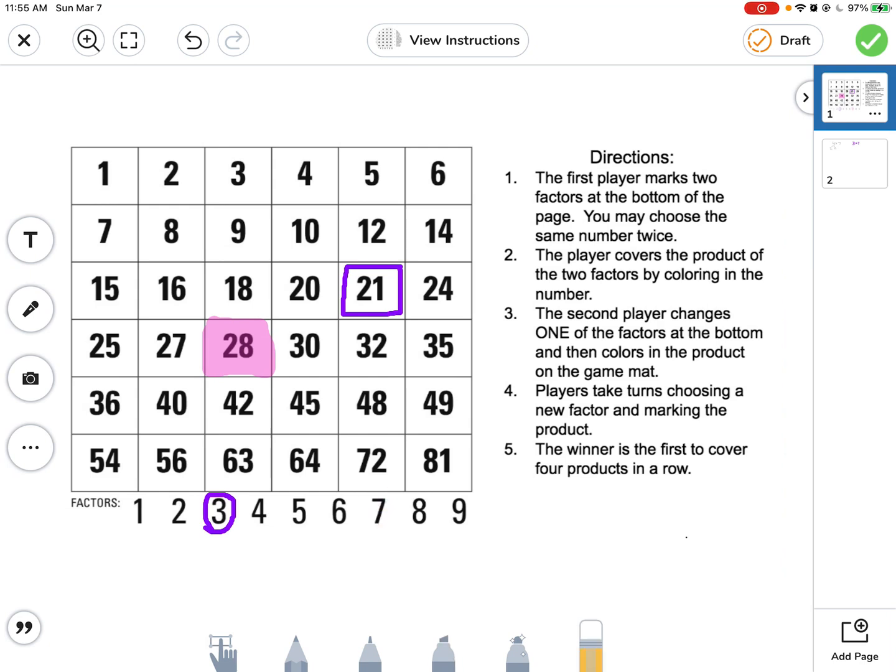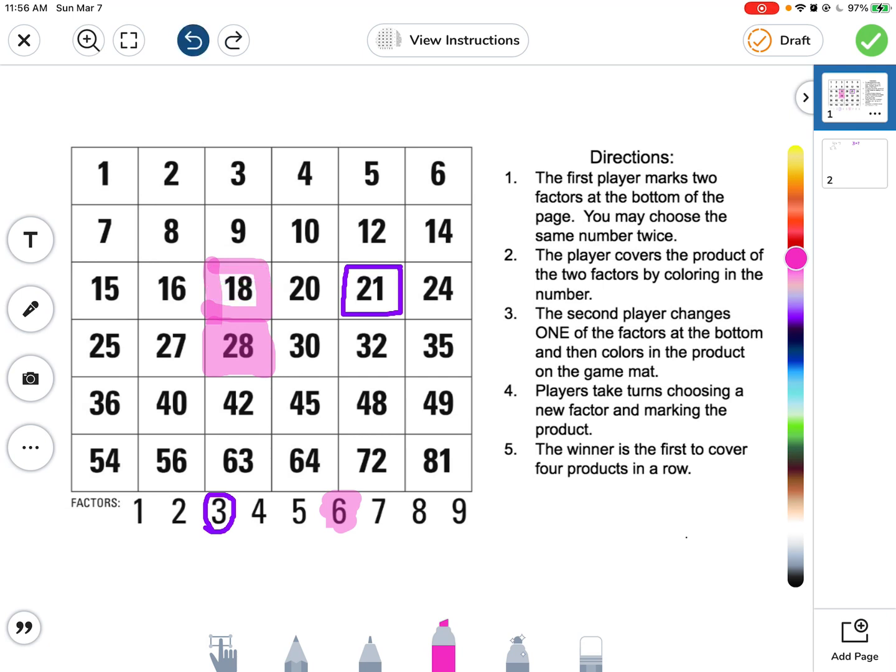I'm going to move the 7, and I want to change it to a 6. And I now have the fact 3 times 6, which I know is 18, and I chose that on purpose because I knew 3 times 6 was 18, and I wanted to be able to fill in this space here because I want to try to get 4 in a row, remember.